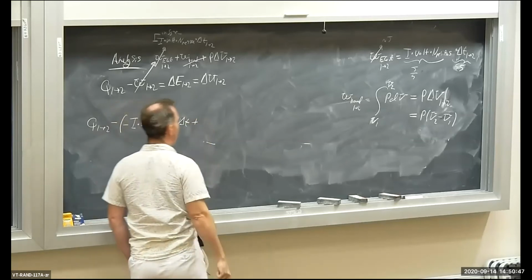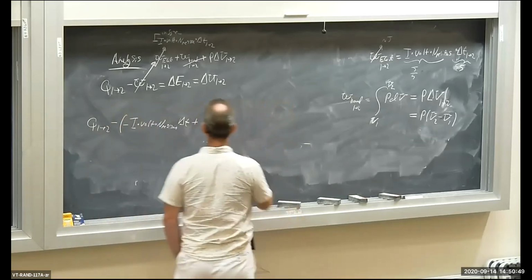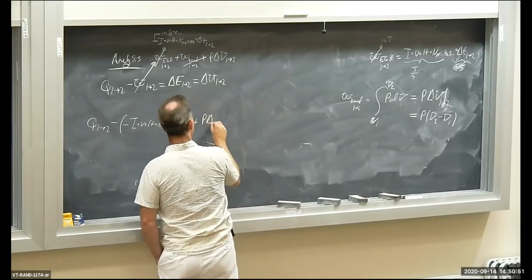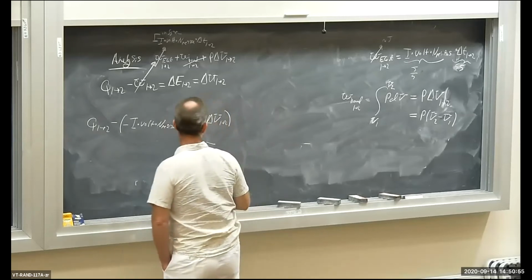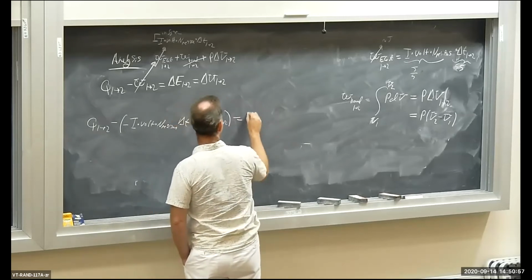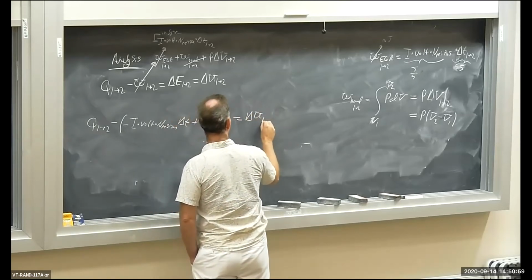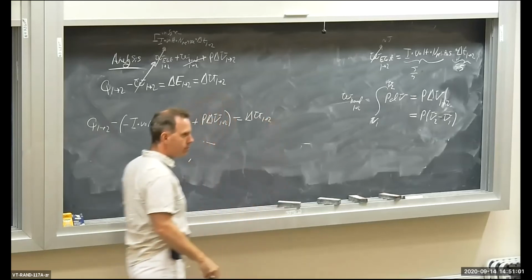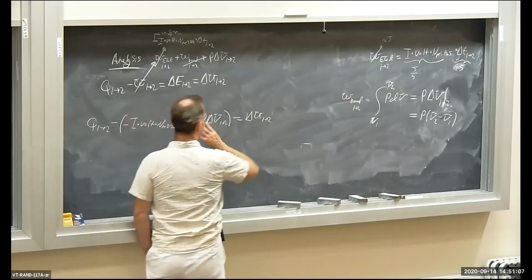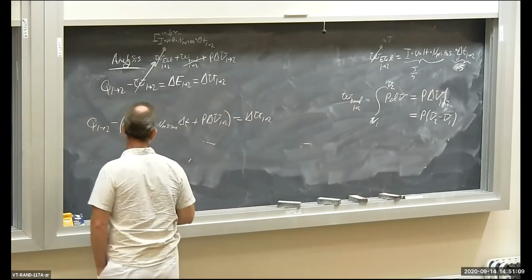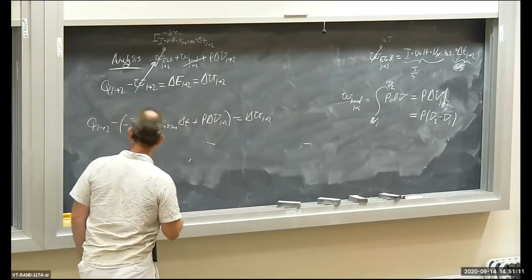And then I've got the boundary work term, which is P delta V, and that's all equal to delta U from 1 to 2. Let me take the P delta V term and put it over on the other side of the equation and let's see what happens.